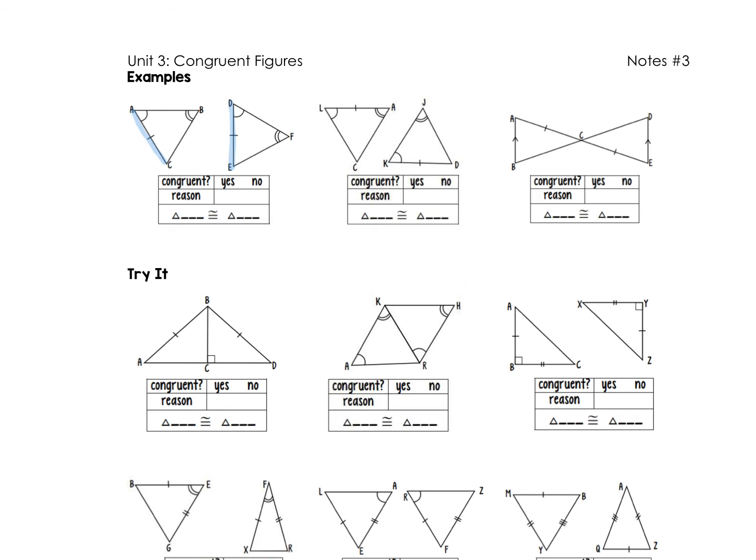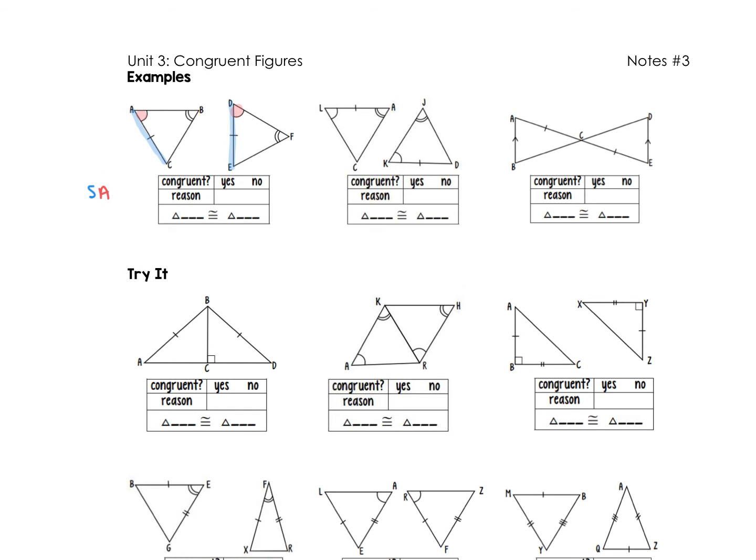So I'm just going to put down a little note that that's a pair of sides that are congruent. Then, if I continue going around the figure, I have angle A congruent to angle D. So that would give me a pair of angles congruent.